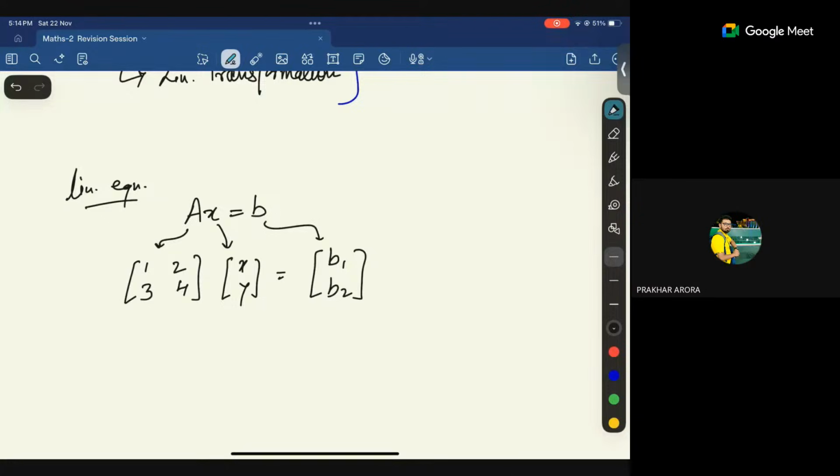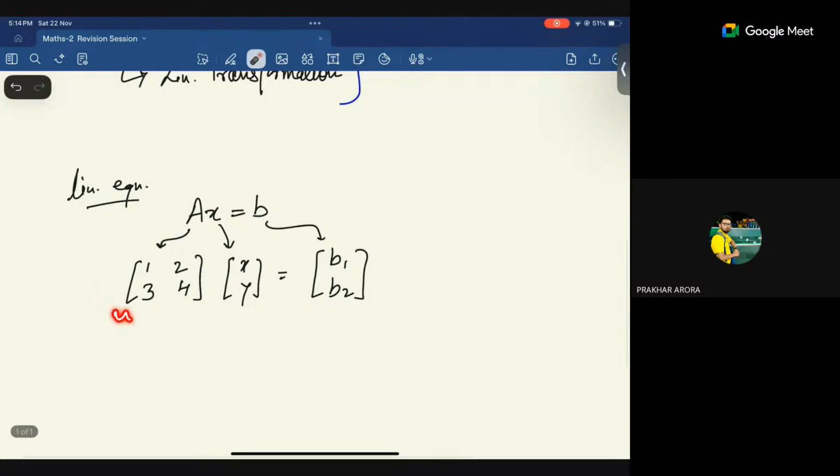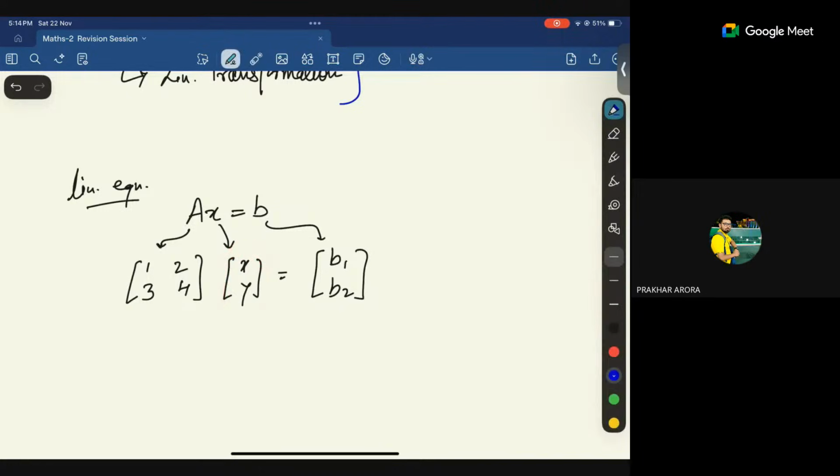We had a matrix, and then these were the variables, and these later form the equations: x plus 2y equals b1 and 3x plus 4y equals b2. Pretty simple. This is where the origin of null space comes from.